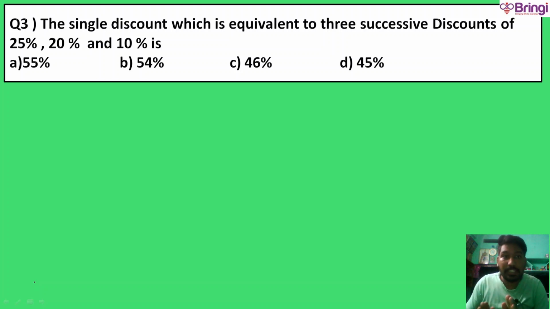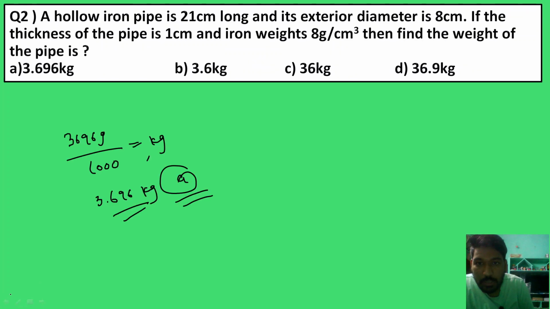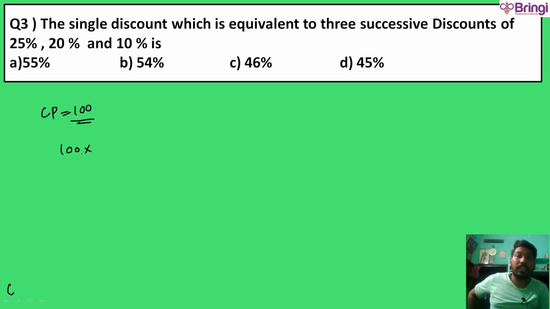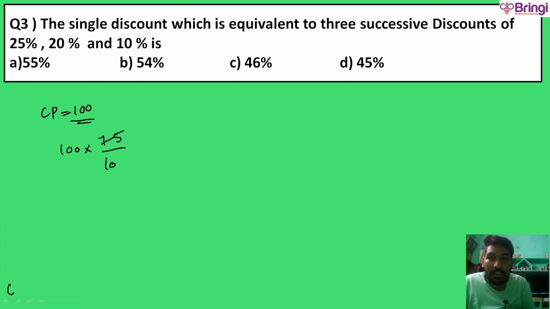So for this condition, I will tell you how to do it. First of all, assume cost price is equal to 100. So CP is equal to 100. Okay? First of all 100, and then they gave 25% discount. If 25% discount is gone, the remaining will be 75.